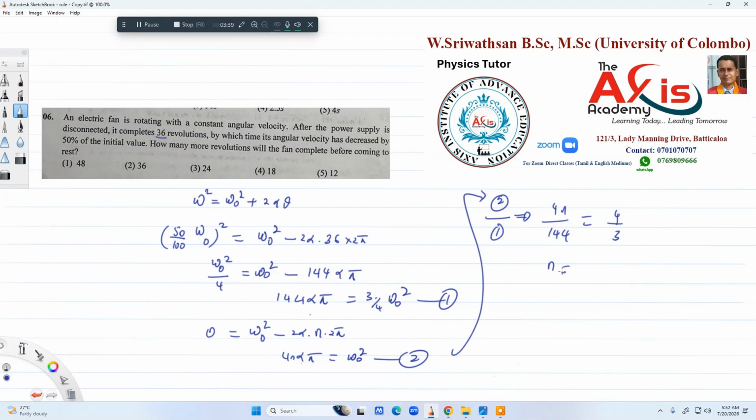So from this, if we find n, 144 by 3, this will be 48. So the additional revolutions are equal to 48 minus the already completed 36, so that will be 12. So the option is the fifth one.